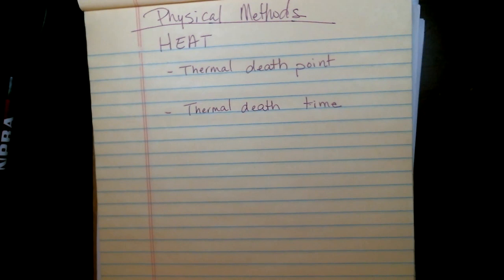Now, when you look at an antimicrobial, and I'm sure a lot of you have been looking at disinfectants quite differently here lately, you may have noticed that none of them say kills 100% of microorganisms. So what we like to evaluate here is decimal reduction time. This is the time required to destroy 90% of microbes in a sample.